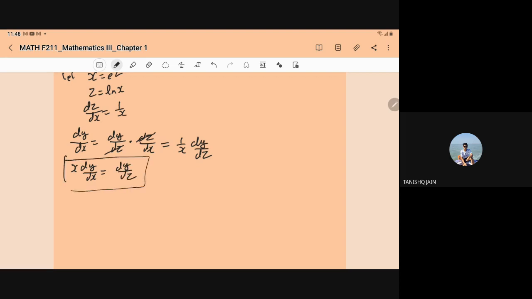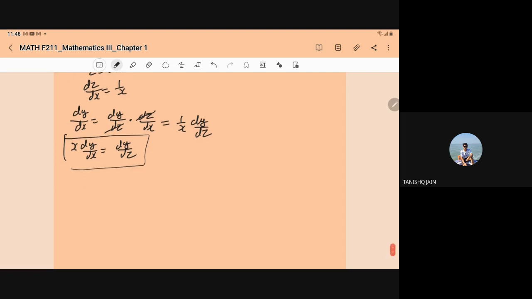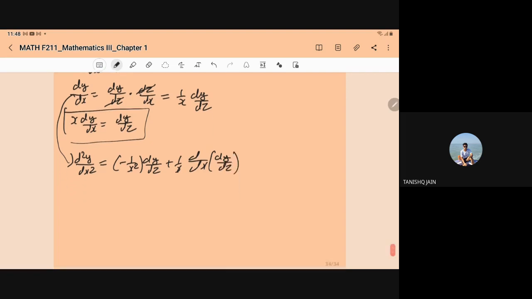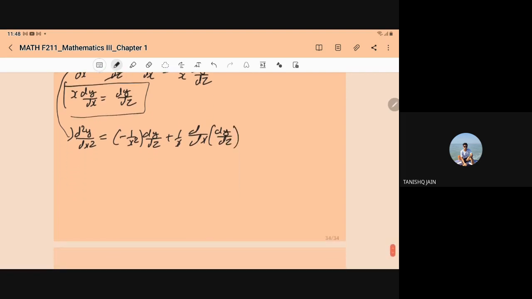So one thing you have computed here. Then if you have to compute d2y upon dx2, by parts, the derivative of 1 upon x will be minus 1 upon x square, dy by dz, plus 1 upon x into d by dx of dy by dz.